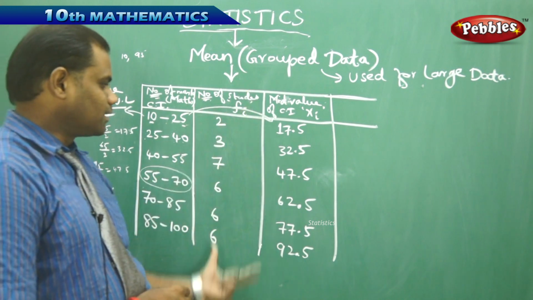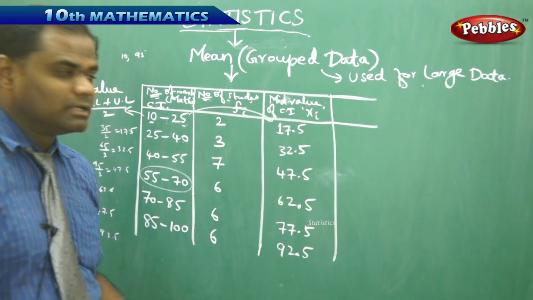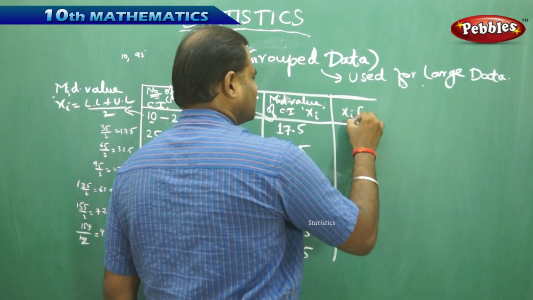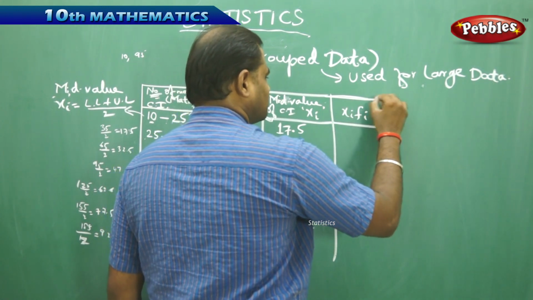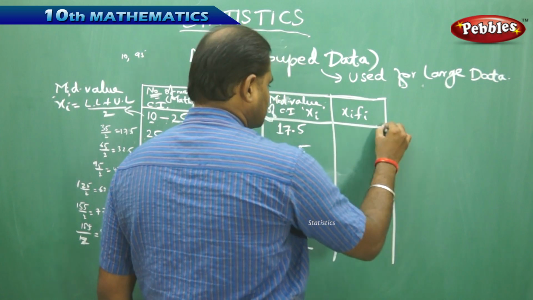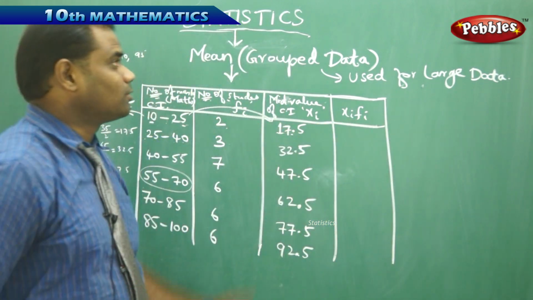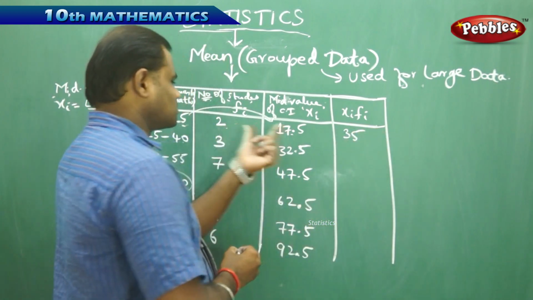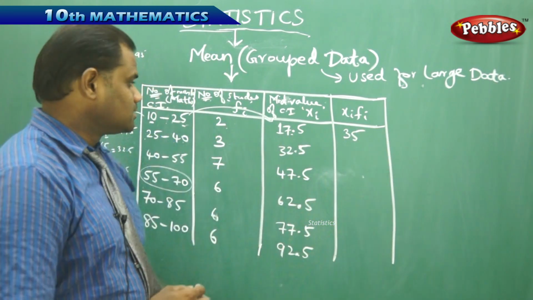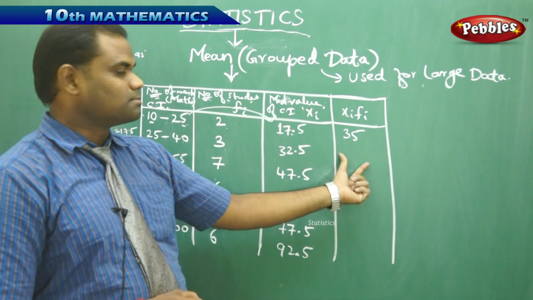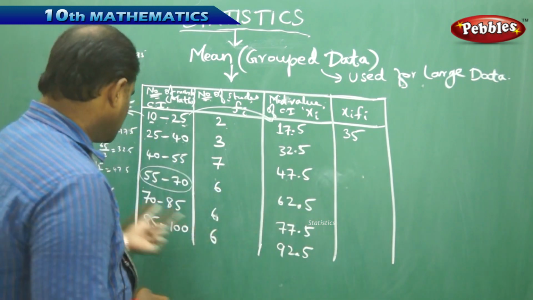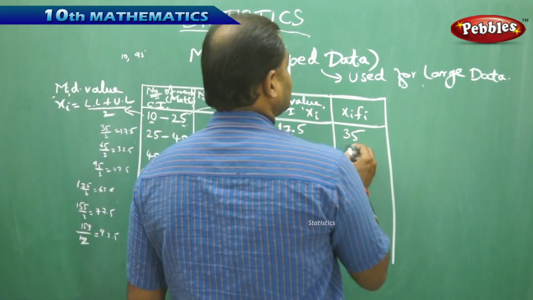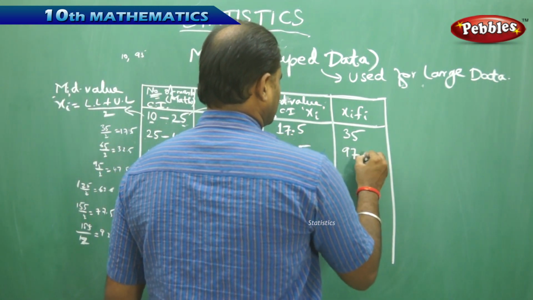Now I know my fi and I know my xi. It is a similar process where I need to multiply xi into fi to get the values. So I multiply 2 times 17.5 and I get 35. Similarly, this into this gives the next xi fi for the class interval 25 to 40, so 3 times this is 97.5.